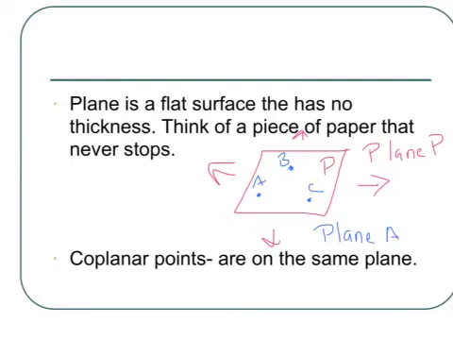Plane A, B, C. So again, plane, think piece of paper, walls of the classroom, flat, your desk, but it keeps going on forever. And then coplanar, just like collinear, means points on the same plane. They're on the same plane. So in this case up here, in our example, A, B, C are coplanar. Okay?